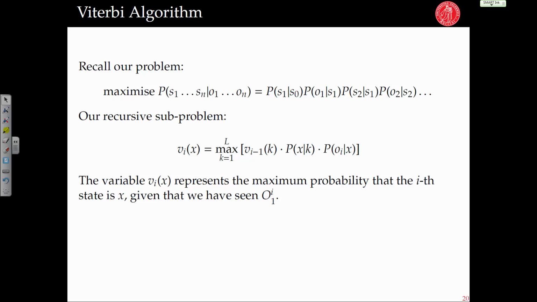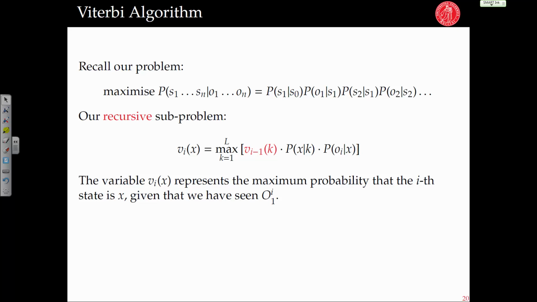To compute this, we depend on a term here, so it's a recursive definition. To compute the value of vi of x, we look up the maximum probability of being in a state k at time point i minus 1, having seen observations from 1 to i minus 1.